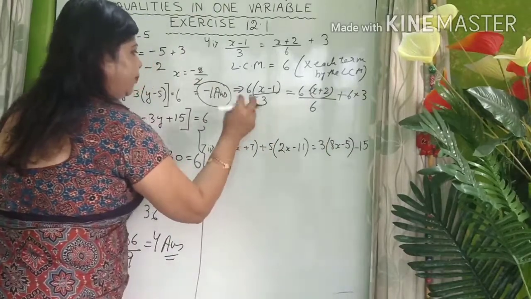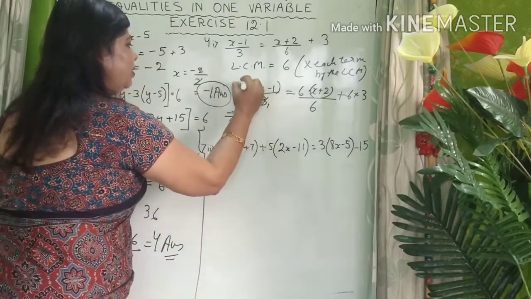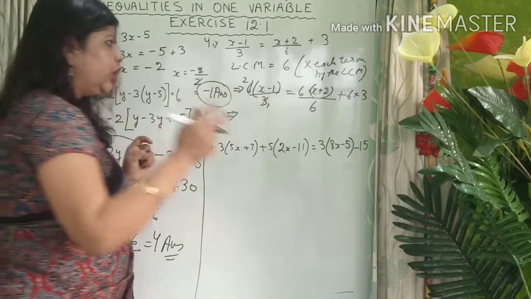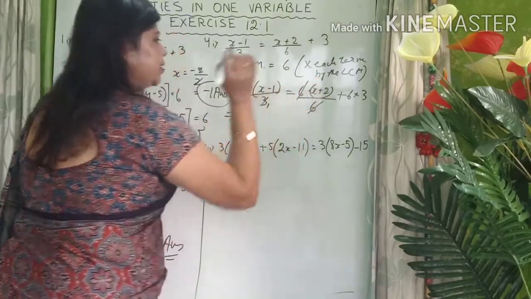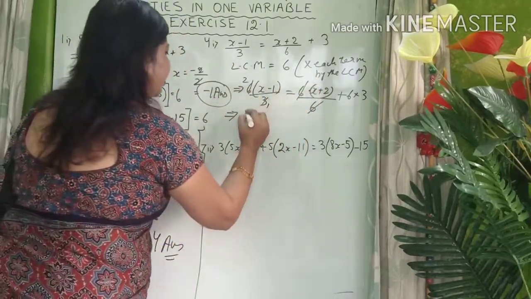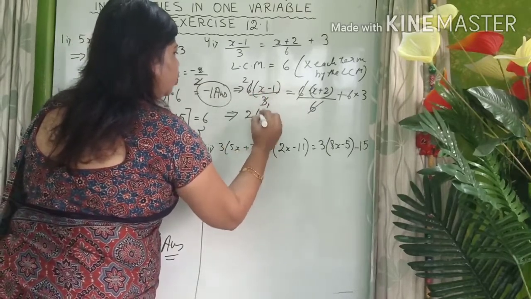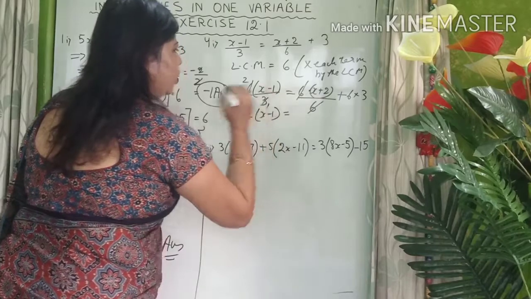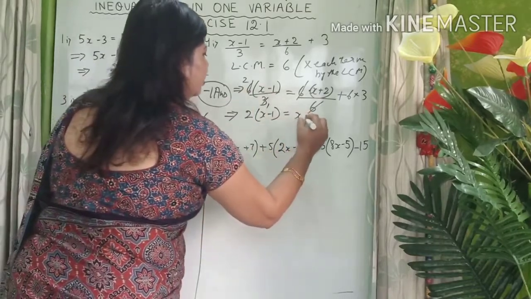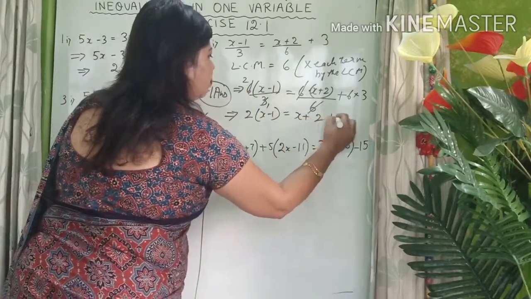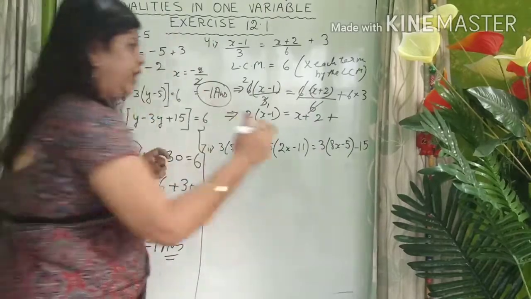So what you get? Here you see. 3 ones are, 3 twos are. Cancel off. 6, 6 gone. So what is remaining? 2 into x minus 1. 2 into x minus 1 equals to what you have here? X plus 2 plus 6 into 3, 18.